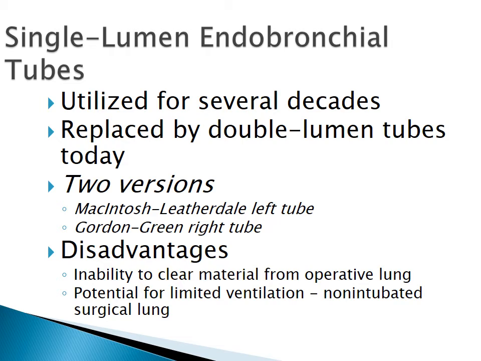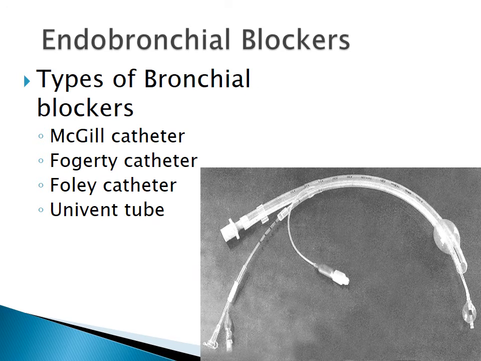Okay, so when you look at bronchial blockers, it looks very similar to a single lumen tube, but it has this extra piece here. This extra piece runs the length of the tube. It can be retracted or advanced, and it can be directed.